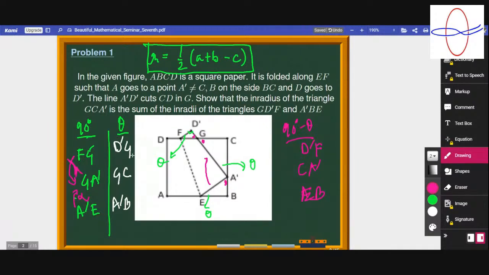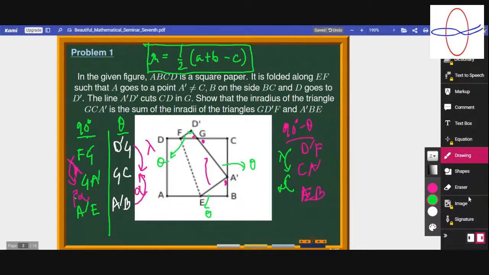Similarly, G dash G is going to GC by a factor of lambda because they are similar, and A dash B is going to GC by a factor of alpha. Similar for here, lambda and alpha.